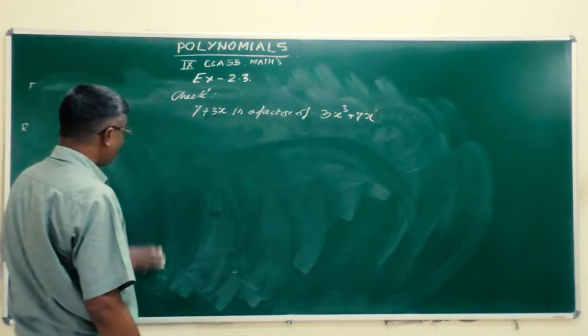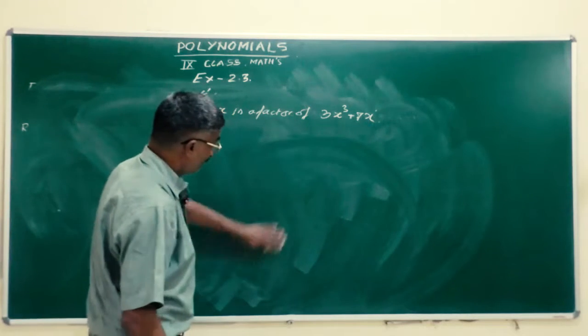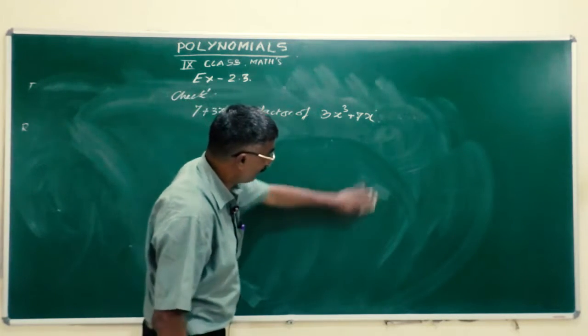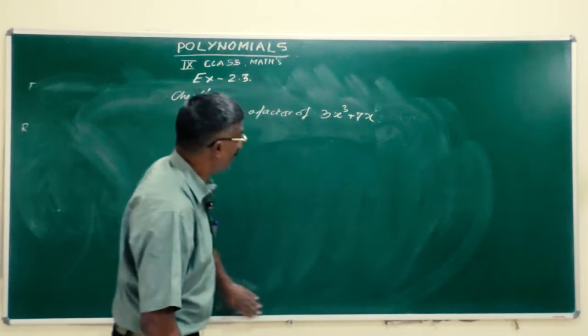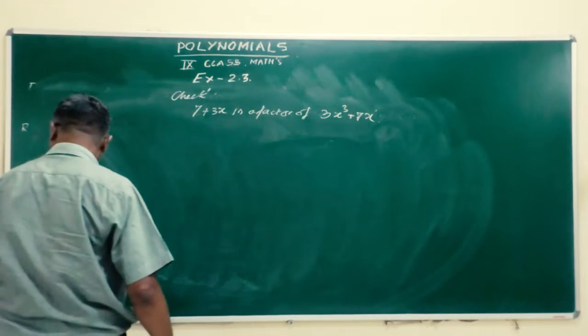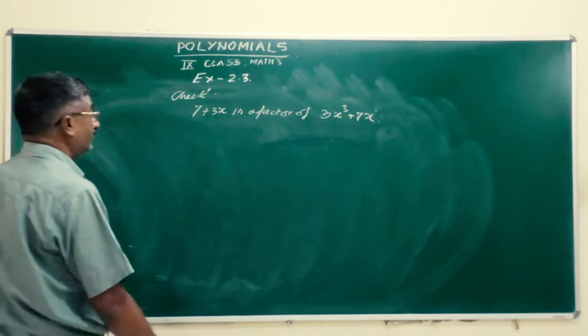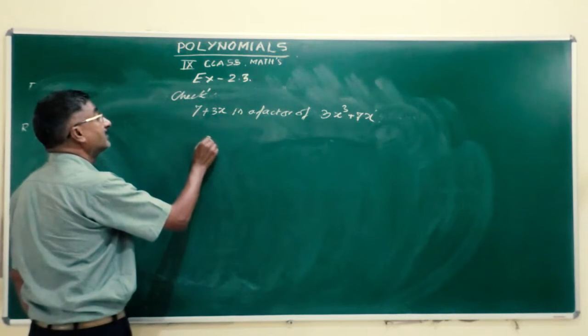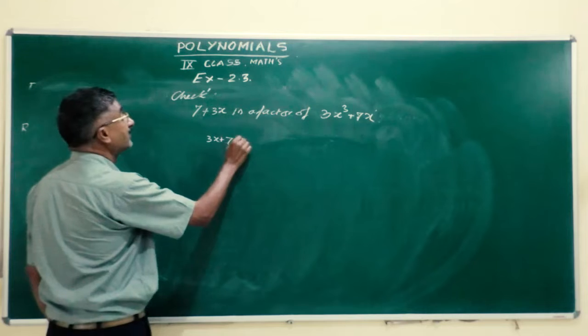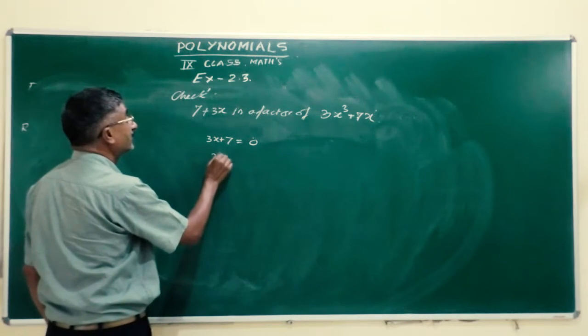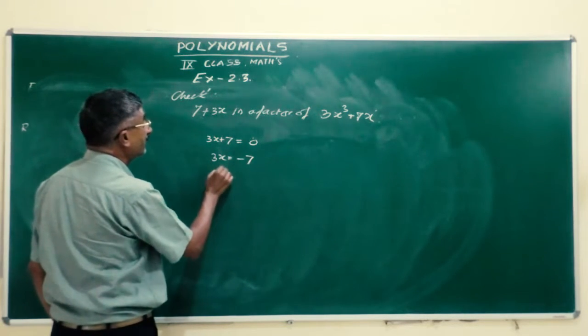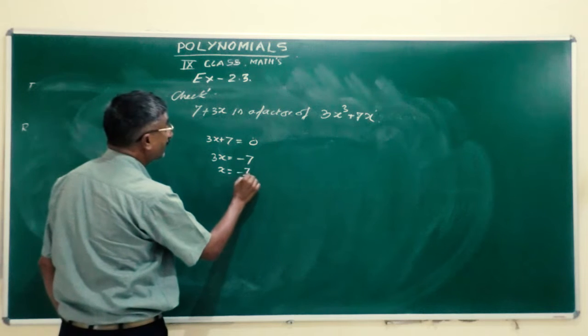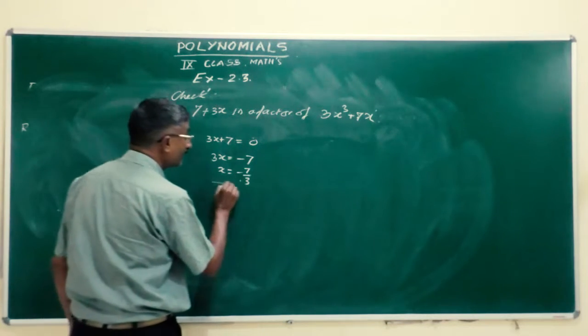If it is a factor, it means it is a multiple of this, so the remainder must be equal to 0. If the remainder becomes 0, then it is a multiple or a factor. So to check the factor, 3x plus 7 is equal to 0, 3x is equal to minus 7, x is equal to minus 7 upon 3.